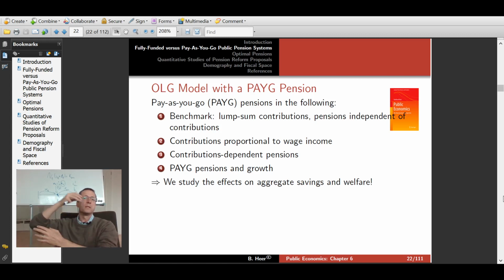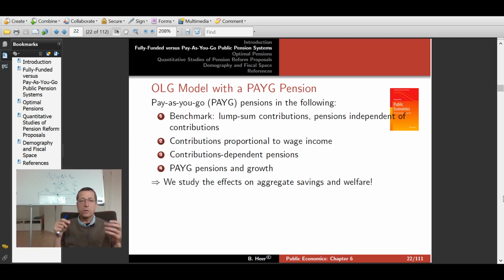Now, let's say next period, in 10 years, I retire, and there will be double as many young people. So if double as many people pay contributions on their labor income, it means that there are more revenues for pensions, and the pensions will go up per capita.